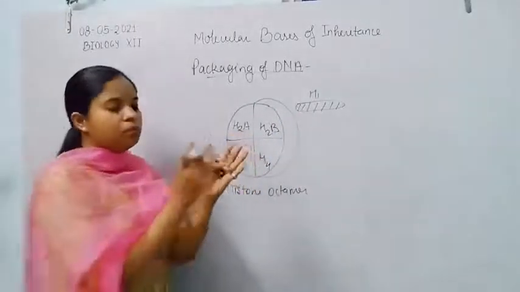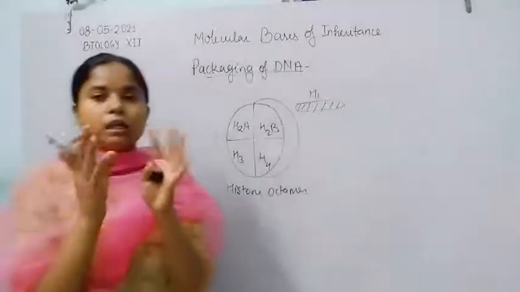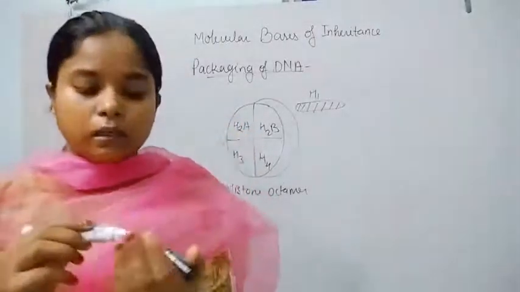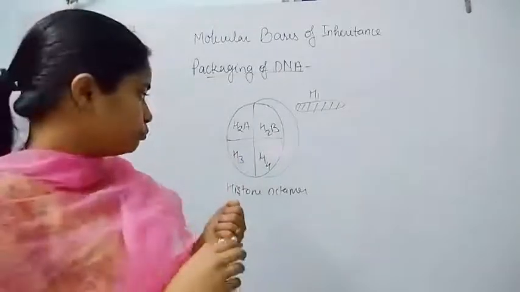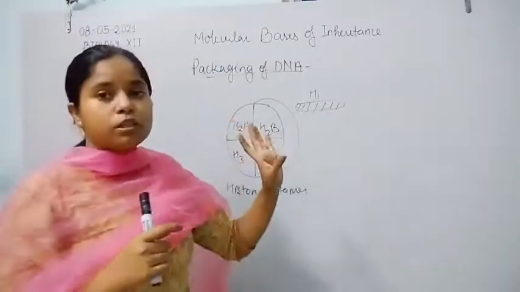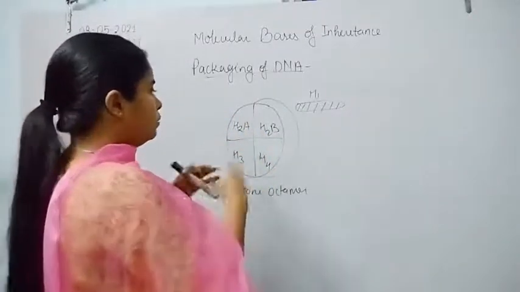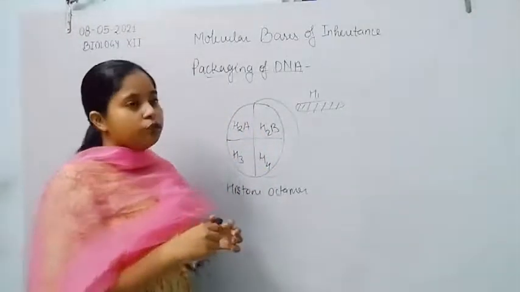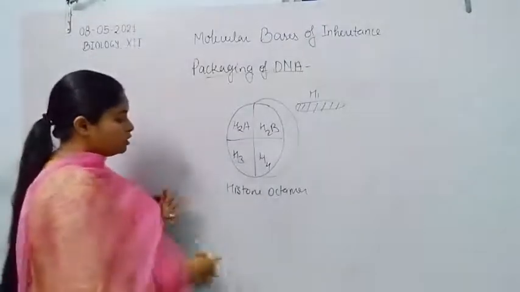The two wheels become condensed with each other by the attraction between the amino acids of the two. Now the histone protein is mostly formed by the amino acids arginine and lysine.